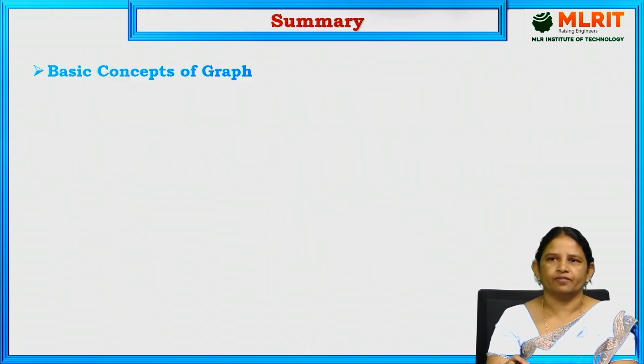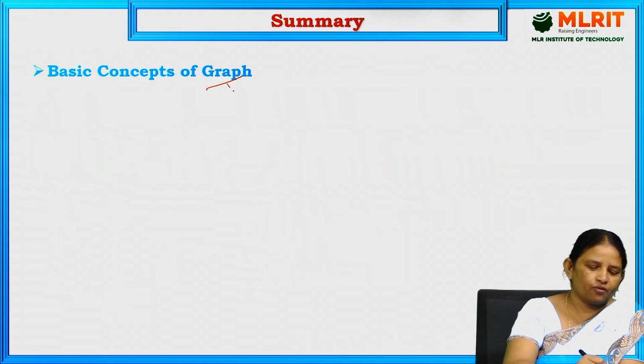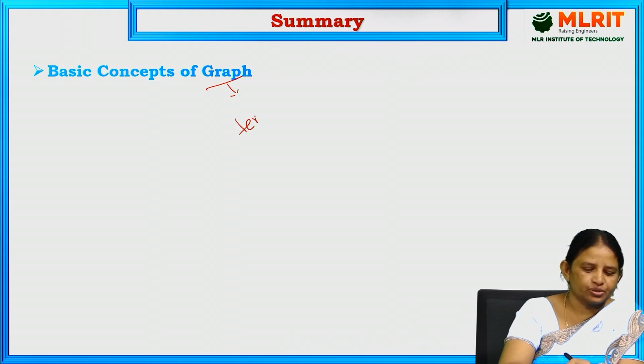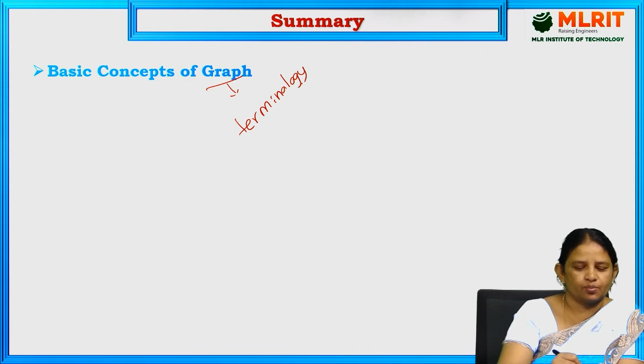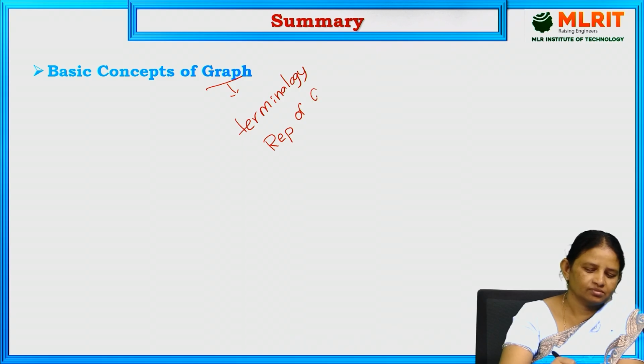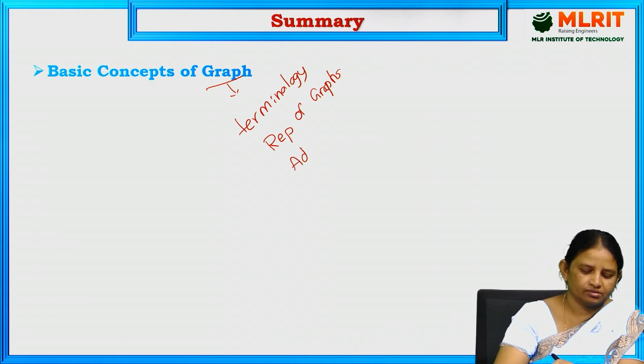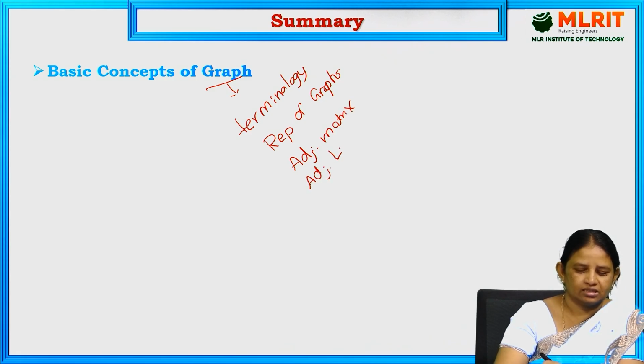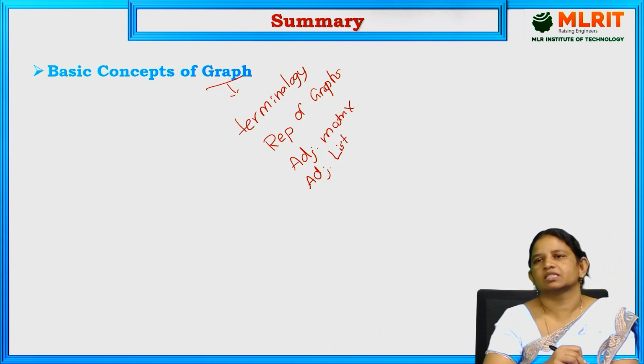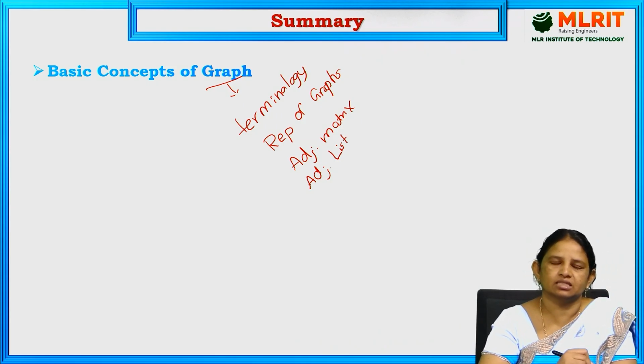So up to now, we have discussed the definition of a graph, the terminology used in graphs, and also the representation of graphs: the adjacency matrix representation and the adjacency list representation.